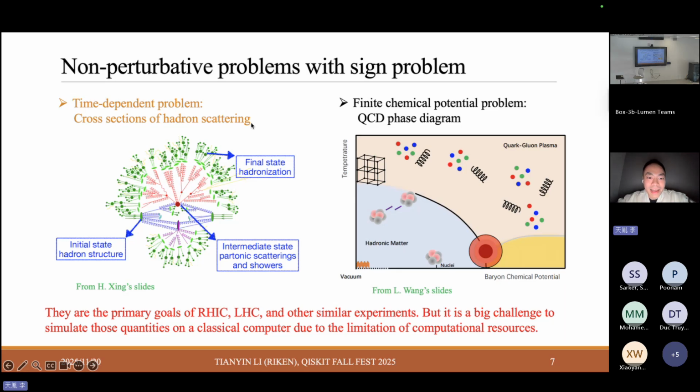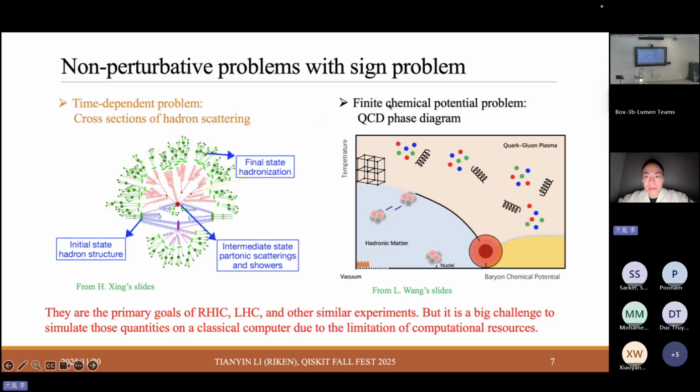We may ask which problems will have a sign problem if we use the lattice QCD method to simulate them. There are two kinds of such problems. The first kind is the time-dependent problem. For example, the calculation of the cross section of hadron scattering is such a problem.